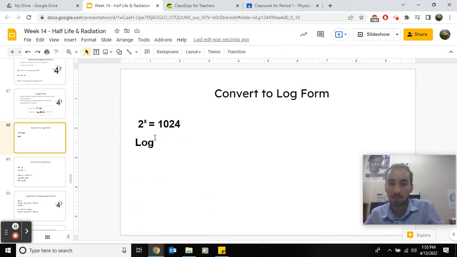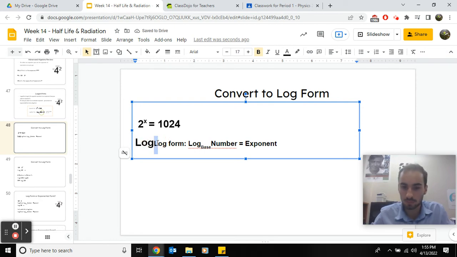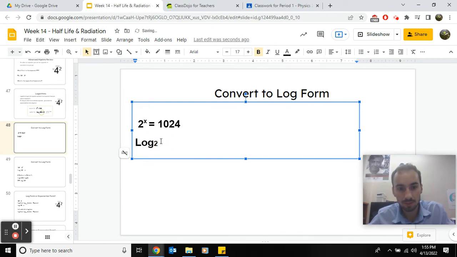Going back to our original problem. If you did log 2, and then remember the 1024 swaps spots with that exponent.